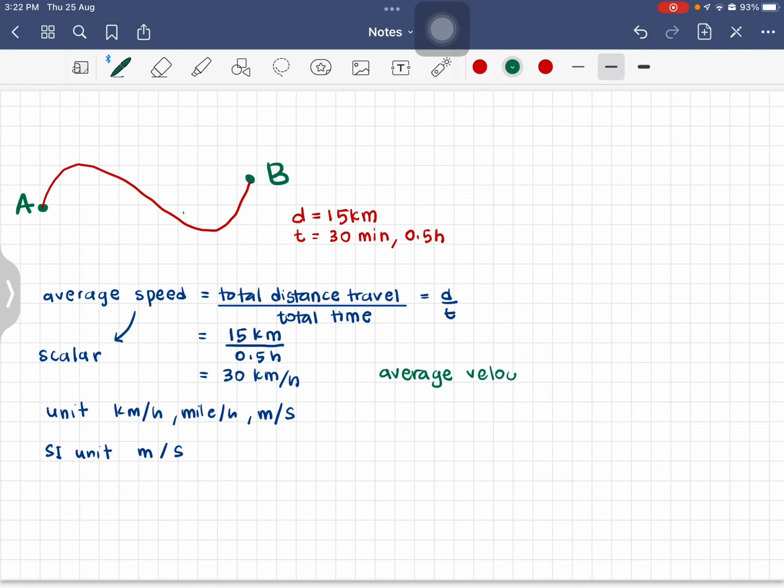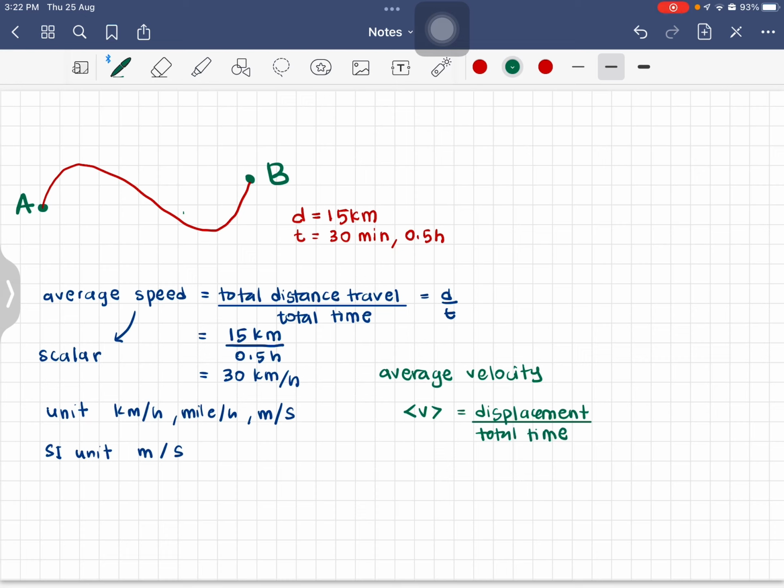velocity. So, average velocity, kita guna simbol V, ada bracket, triangle bracket. Okay, by definition, average velocity is equal to displacement divided by time, total time. Okay, total time taken.